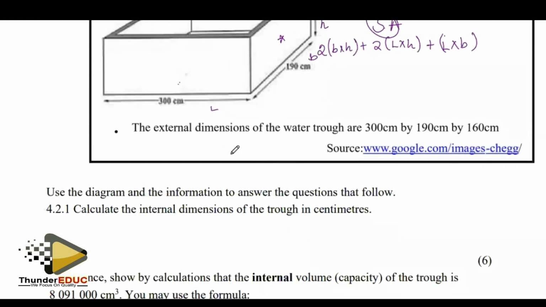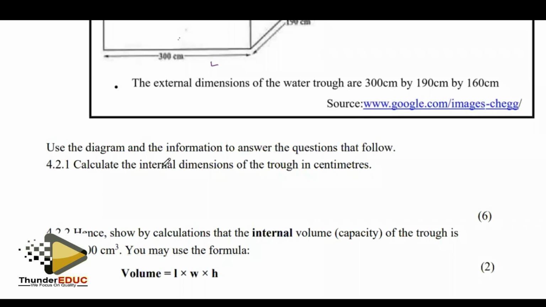Anyway, now we go on and you see these are the dimensions that we have. They are saying, calculate the internal dimensions, use the diagram and the information to answer the questions that follow. In most cases when we look at this, definitely this has to be the length, and the height.